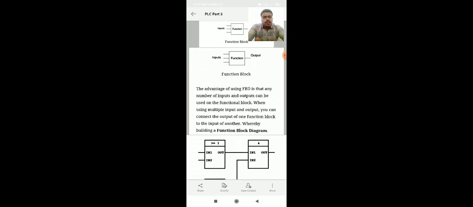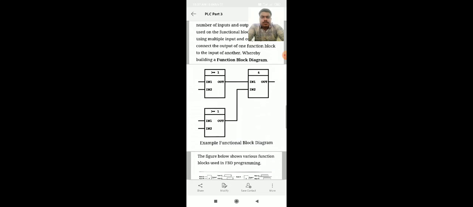When we are using many inputs, multiple inputs and outputs, you can connect the output of one block diagram to another. See in the figure that two input blocks are there, then the output of the other block is also connected as input to another block. So from this figure we will clear the concept.